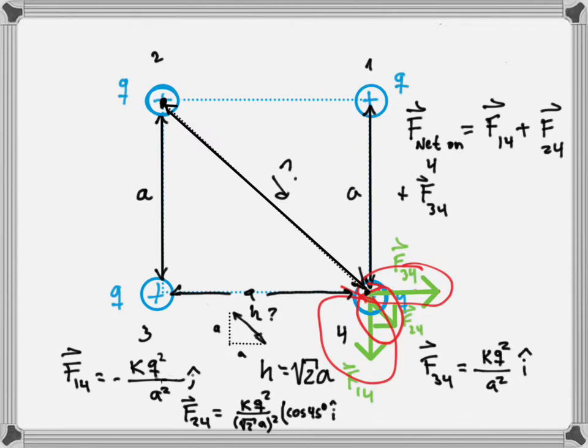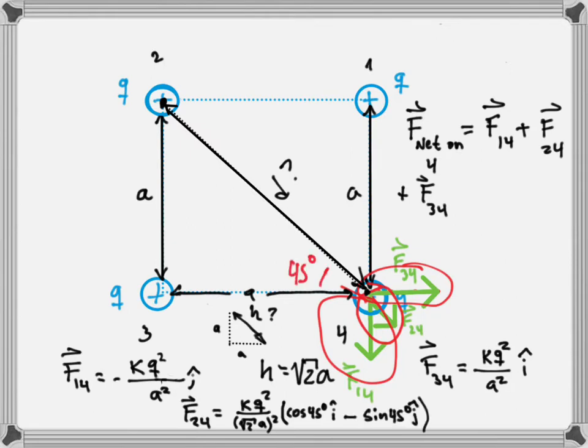And the direction, gotta be careful with the direction. This is a vector that is pointing in that diagonal direction, which is 45 degrees below the x-axis. So the x component of this vector will be the hypotenuse, kq squared divided by square root of 2a, all squared, multiplied by the cosine of 45 degrees. And that, multiplied by i hat, gives us the x component vector of the force.